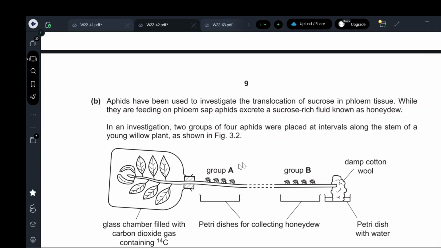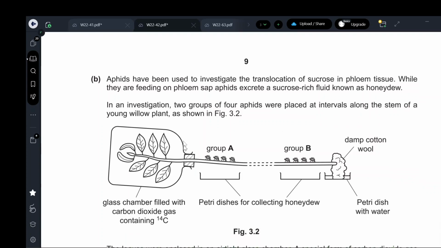He got two groups of aphids, group A and group B. They were placed at intervals along the stem. This is a glass chamber filled with carbon dioxide gas, but the carbon dioxide is labeled. It has a radioactive label.